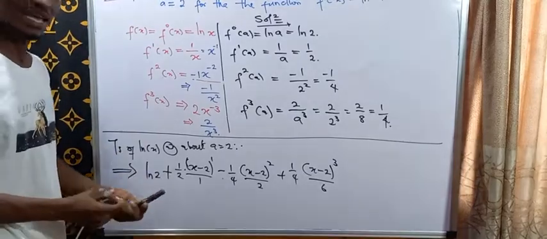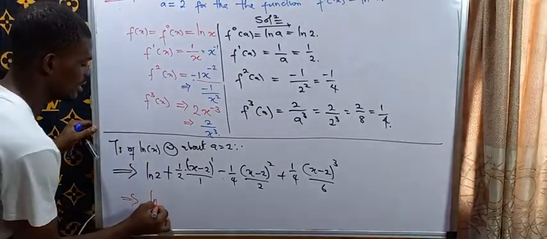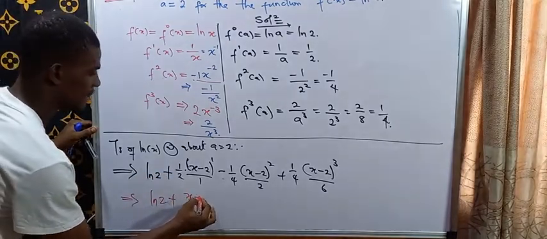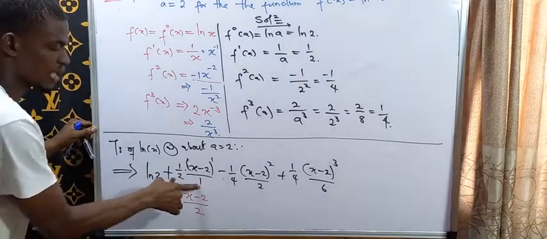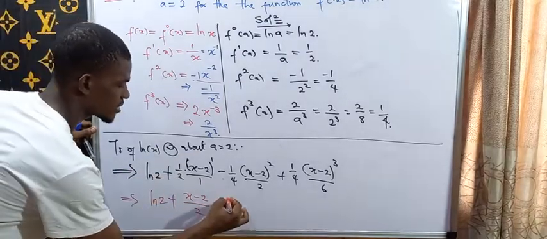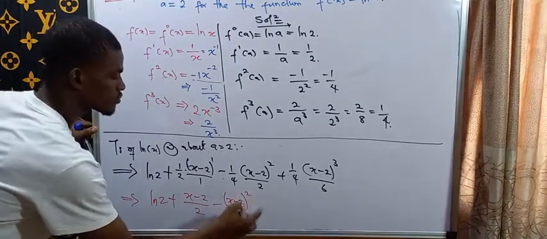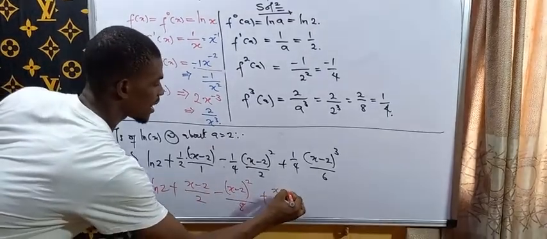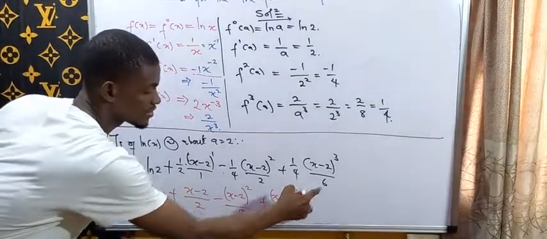Yes. Then I can go into conclusion by saying it's the same thing as ln 2 plus (x minus 2) over 2. 1 times this, I have this. 2 times 1, I have this. Minus (x minus 2) squared over 4 times 2, 8. Plus (x minus 2) raised to power 3 over 4 times 6, 24.